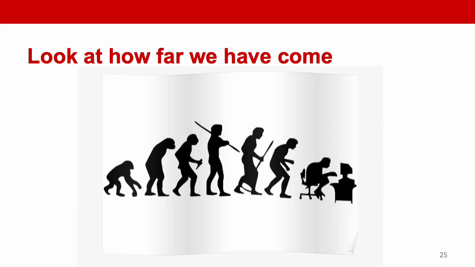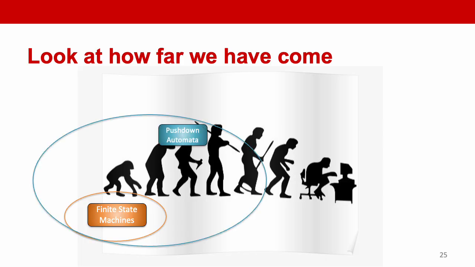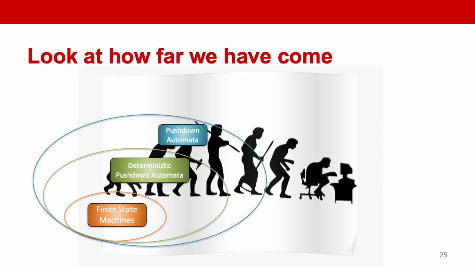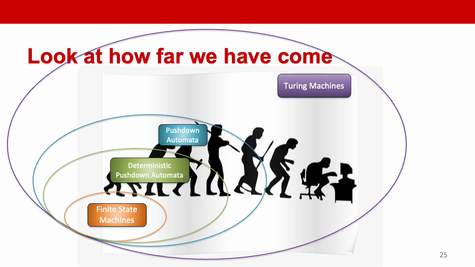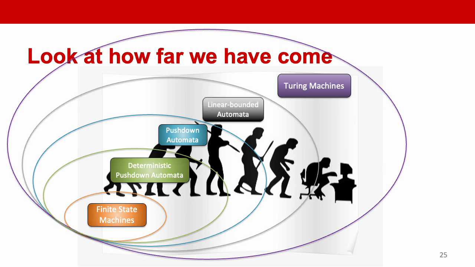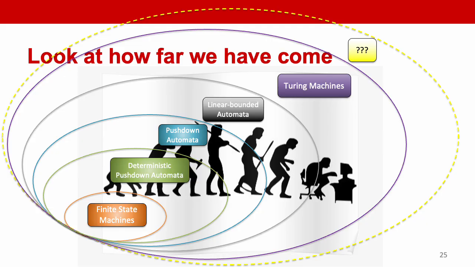I did want to take a time here. I'm encouraging you to be truth seekers, and let's think about all that we've done. We've started with finite state machines, went to push-down automata. We talked about deterministic push-down automata, and then we talked about Turing machines. We also briefly mentioned linear bounded automata. There's a lot in the world here because we talked about decidability, recognizability, and all this kind of stuff.